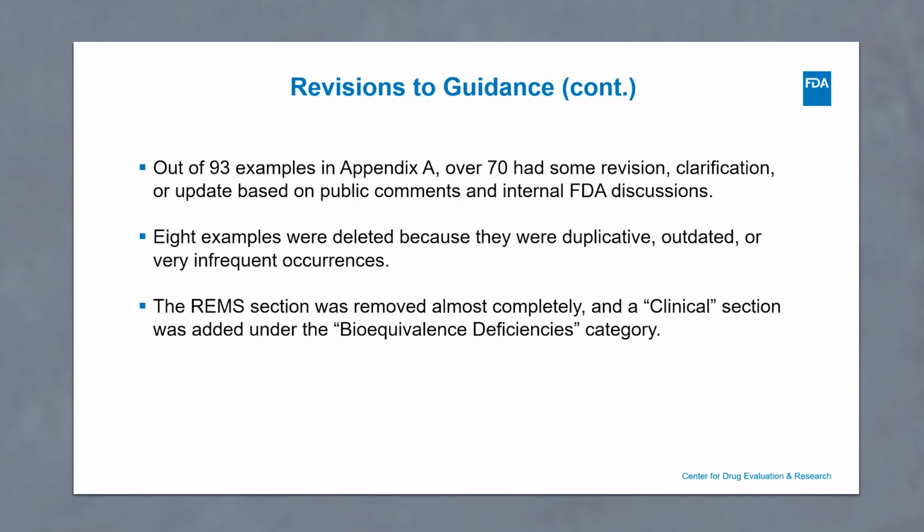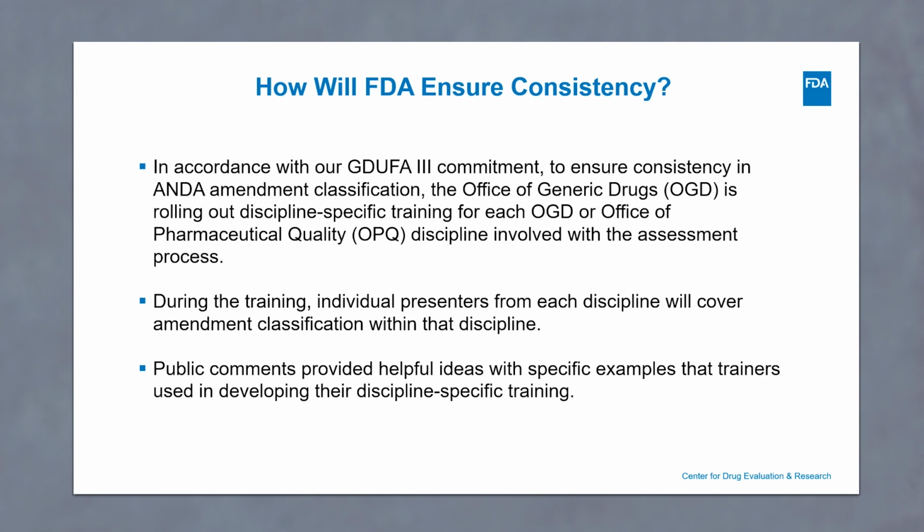We will now discuss the second part of FDA's GDUFA III commitment. To ensure consistency in ANDA amendment classification, FDA is developing discipline-specific training for each Office of Generic Drugs, OGD, and Office of Pharmaceutical Quality, OPQ, discipline involved with the assessment process.